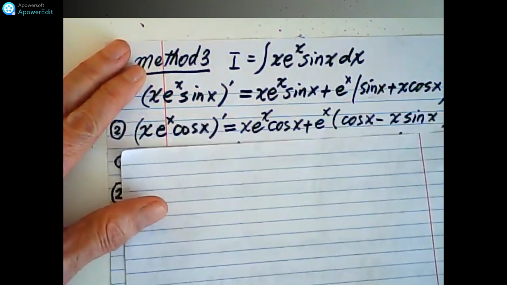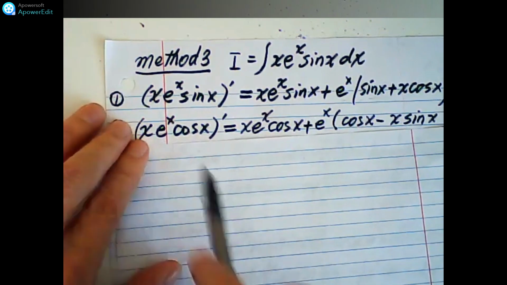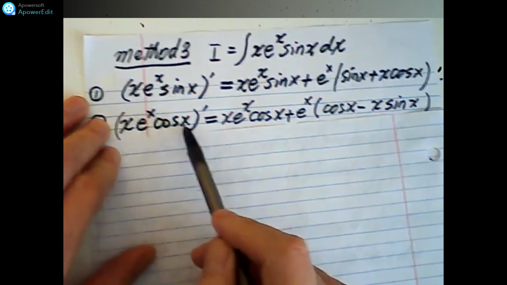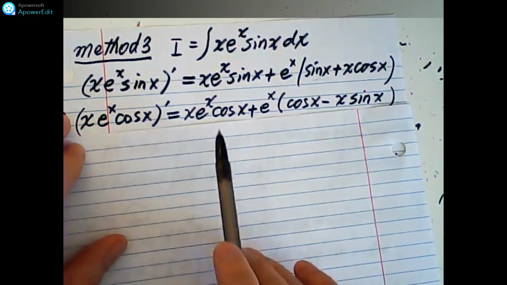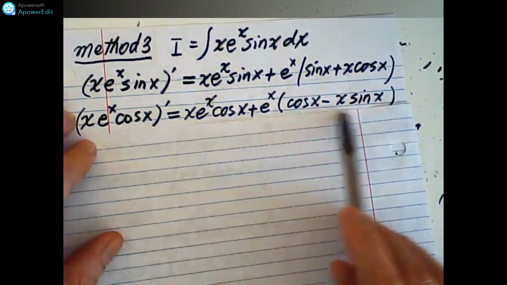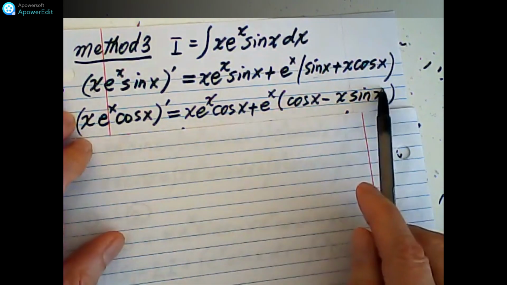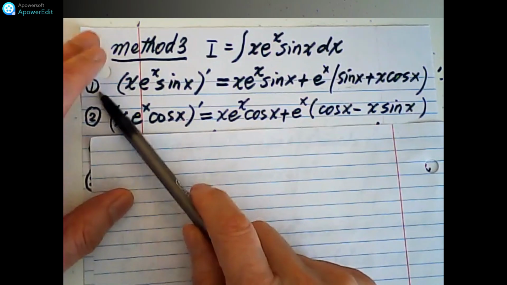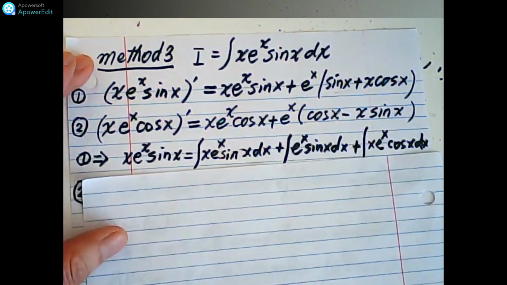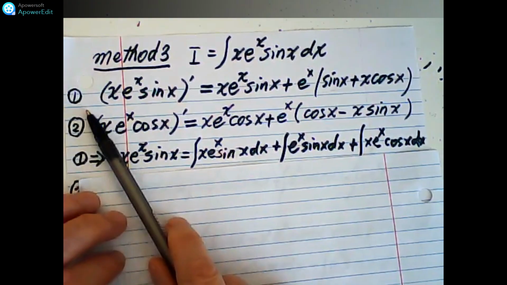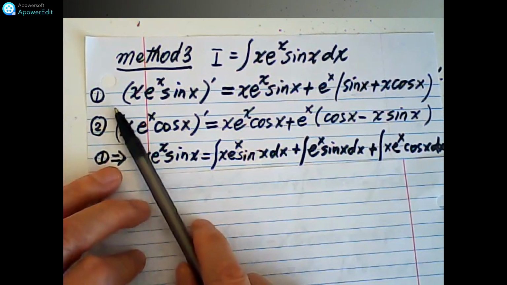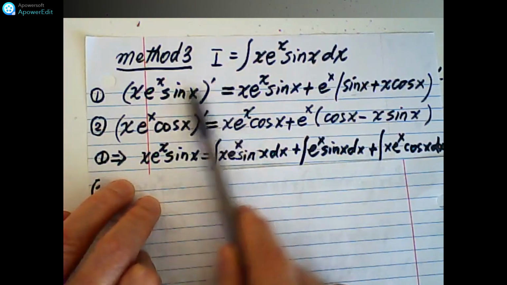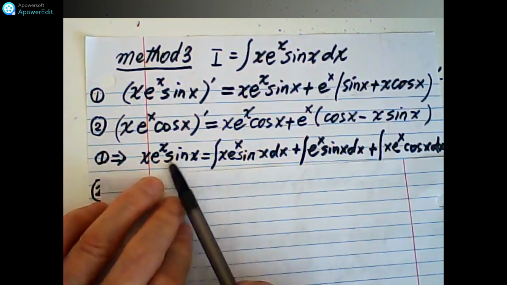Then similarly we do this. For this derivative, we use the product rule, we get this. All right. This is equation 1, this is equation 2. Now, equation 1, if you integrate both sides, this side integral is this.